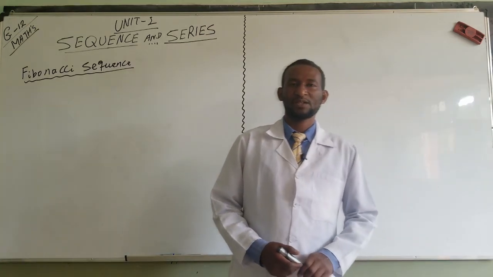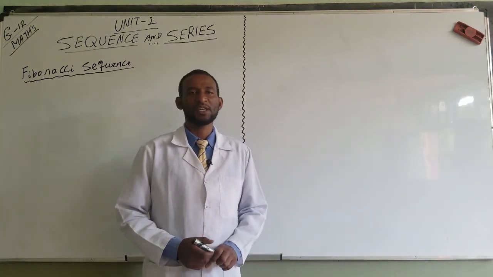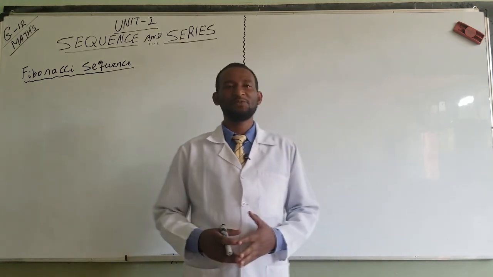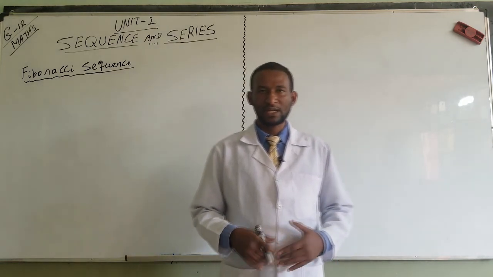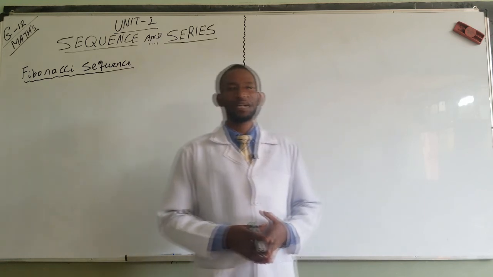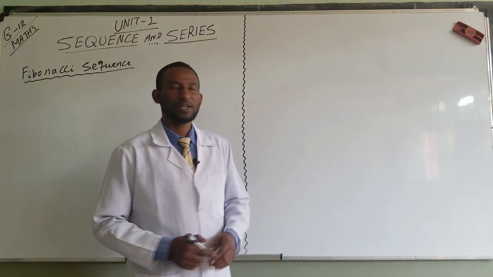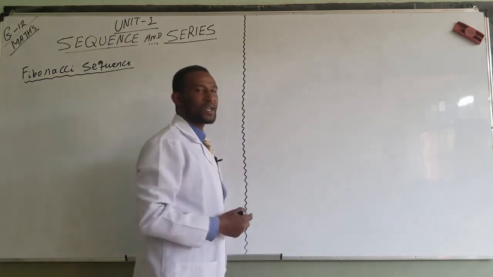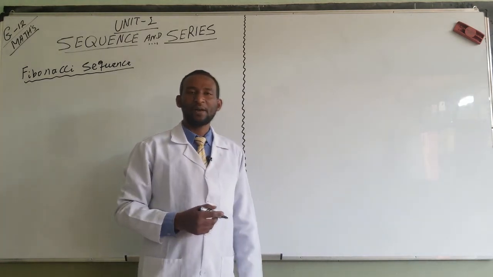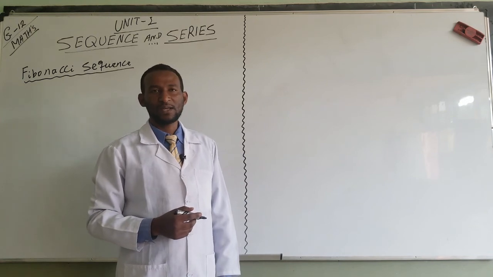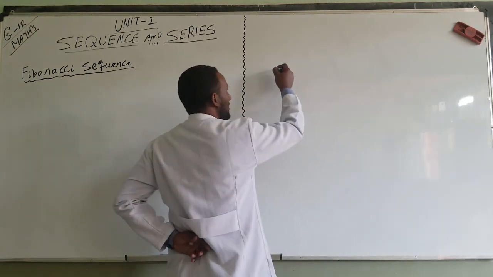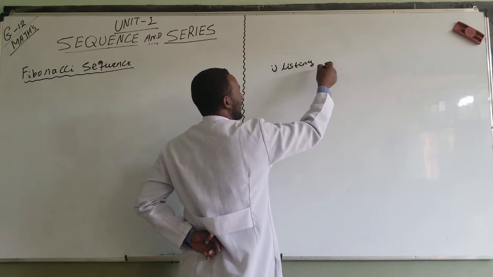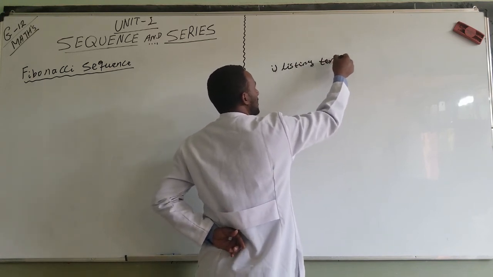In the previous lecture video, we saw the number sequence, the definition of sequence, and we discussed the notation of sequence. Under notation of sequence, we saw how we can describe a sequence. We can describe the sequence by listing terms of the sequence.